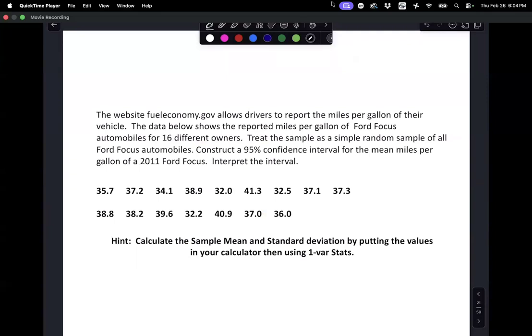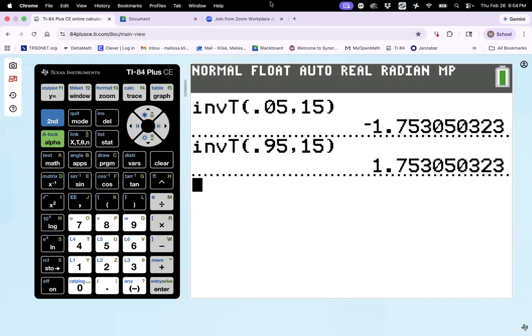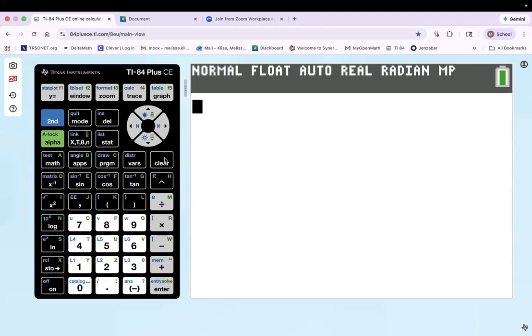Then I'm going to put it into the list on my screen and use one var stats because we're going to come back and do this one in the calculator also. So I'm going to pop over to my calculator and put these values in. You probably want to put yours in also because we're going to use it for confidence interval in a couple minutes.